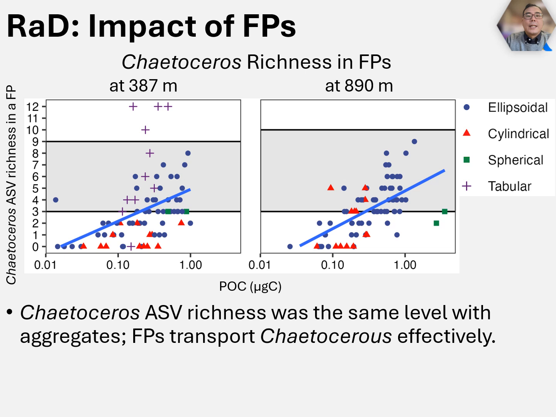Next, we see the result of the Chaetoceros cells. The positive relationship was observed, and the richness in the large fecal pellets is at the same level as the aggregates. The depth difference was not obvious. These indicate that fecal pellets transport Chaetoceros cells effectively as well as Synechococcus, but the sinking process without fecal pellets can also transport Chaetoceros cells to the deeper layer.